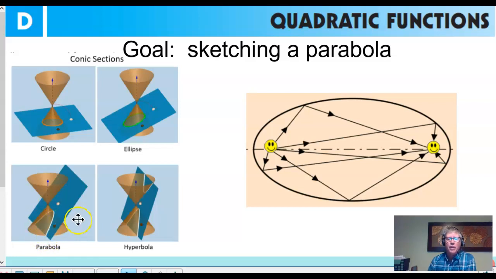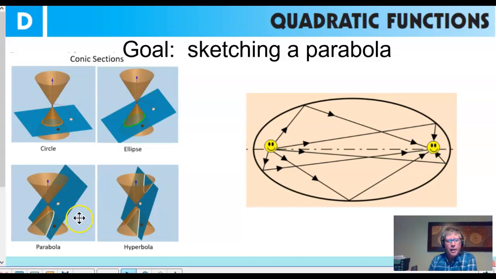I wish we had some dynamic software right here, but if we were to move this plane backwards and forwards, you'd see that parabola get fatter, thinner. That's the geometrical interpretation of making your A value bigger or smaller, or negative. I don't know about negative.